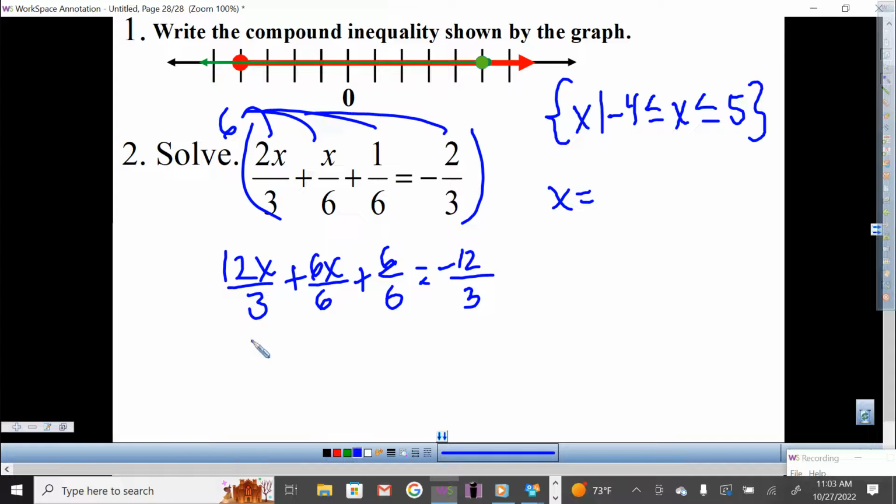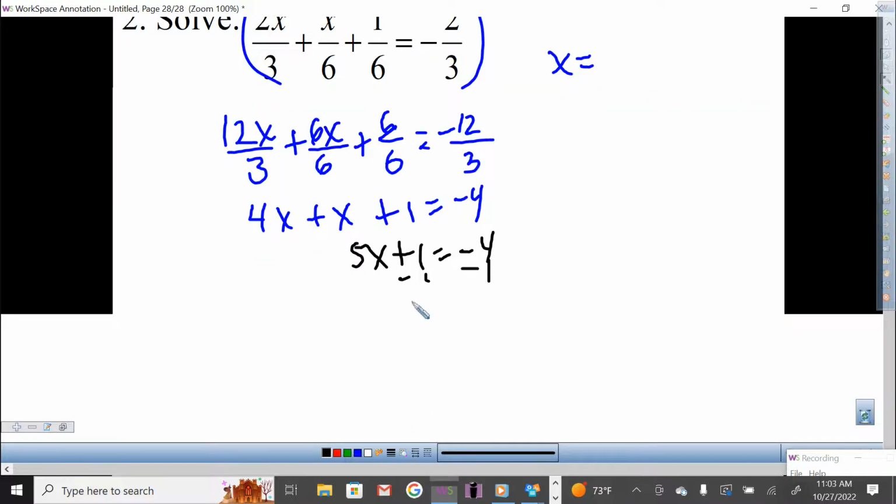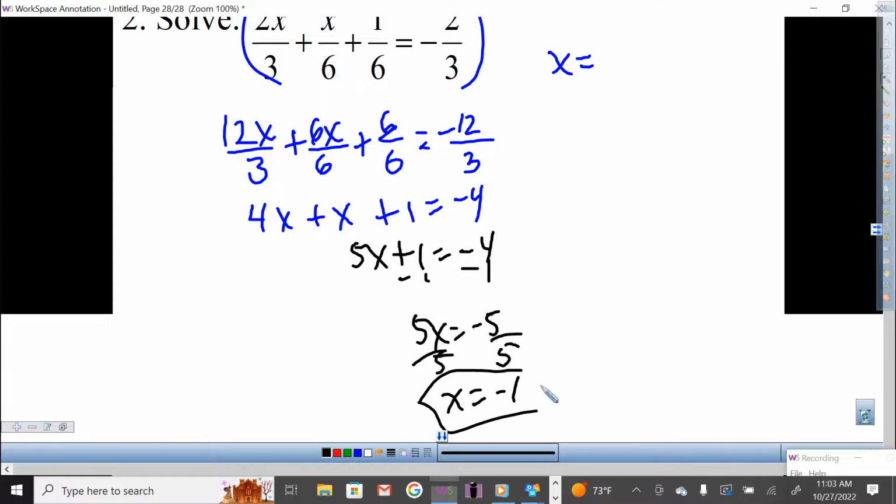Therefore, this is 4x plus x plus 1 minus 4. This is 5x plus 1 equals -4, minus 1 minus 1, 5x equals -5, divide by 5, x equals -1. Hands if you got that by yourself. Okay, good. Thanks.